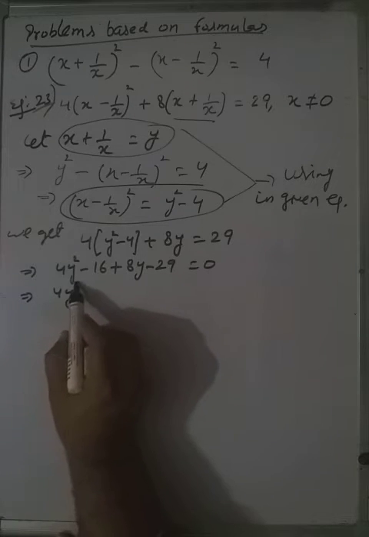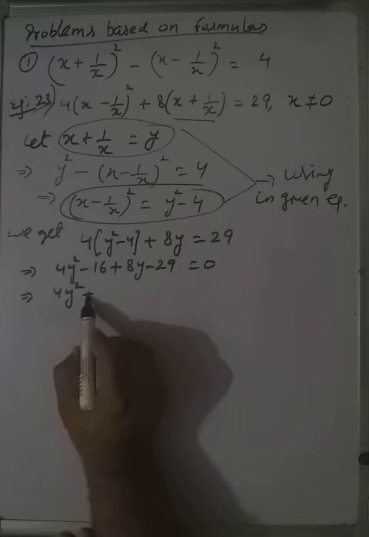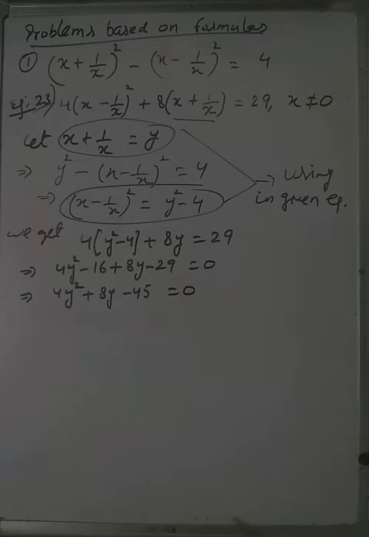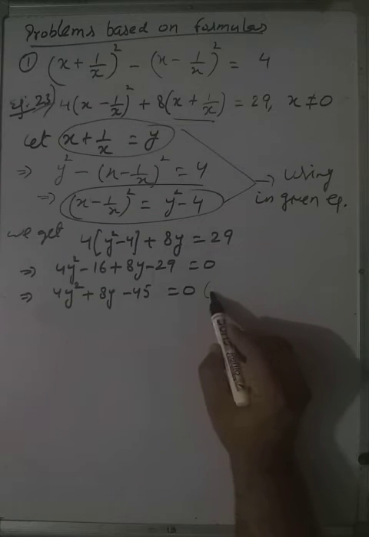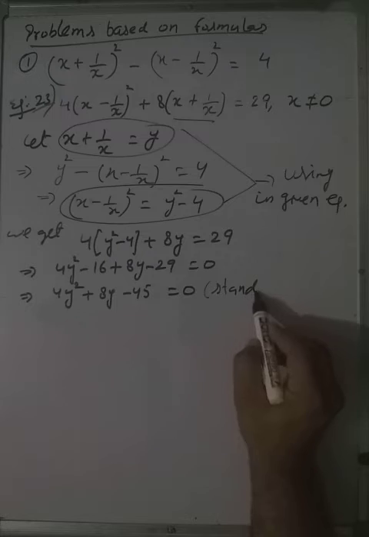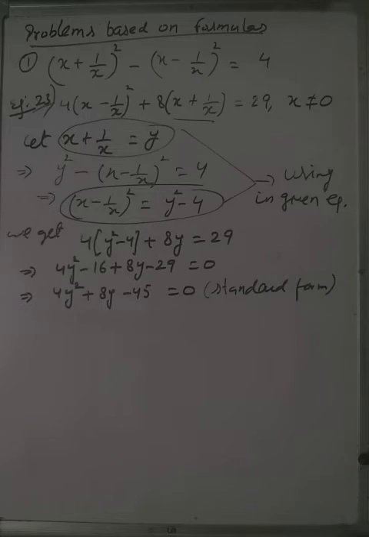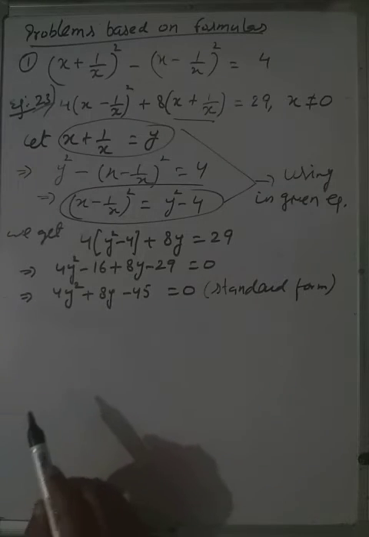From here we get 4y square plus 8y minus 45 is equal to 0. Now looking at this, this is the standard form of quadratic equations. Now we can simplify this. I am using factorization.